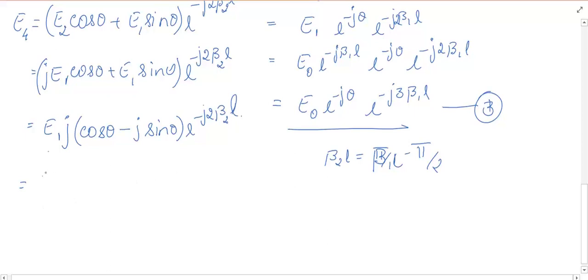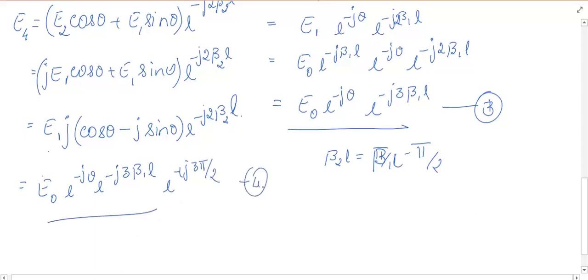If you do that simplification, you end up with an expression, and E4 will be equal to E naught e to the power minus j theta, then e to the power minus j 3 beta 1L, e to the power plus j 3 pi by 2. You will get this equation. You can name this equation number 4.